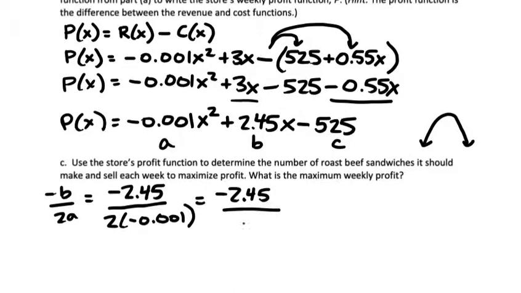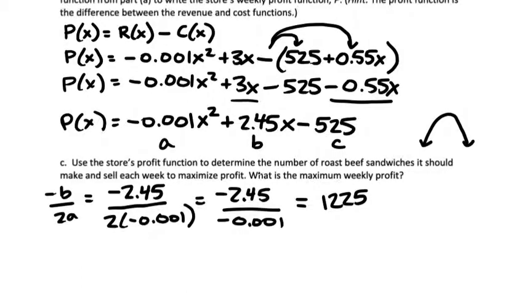And since this is a number of sandwiches, I would expect that my answer should be a positive number. It wouldn't make sense that I need to make a negative number of sandwiches. And if I divide negative 2.5 by 0.001, then I get the number of sandwiches, which is 1,225.